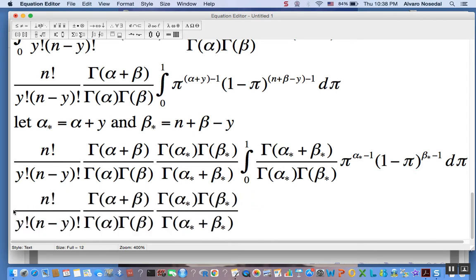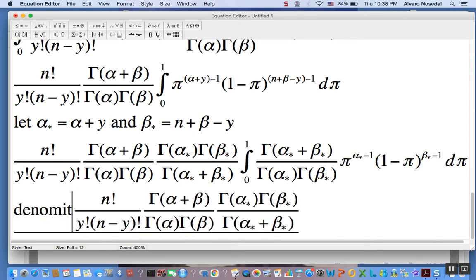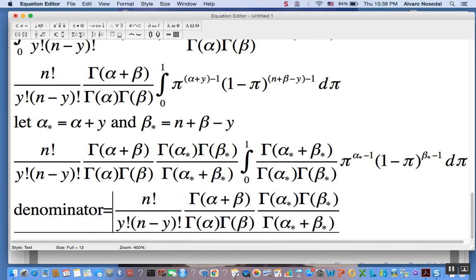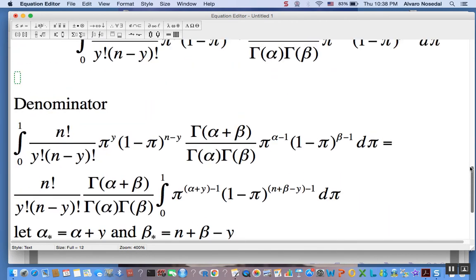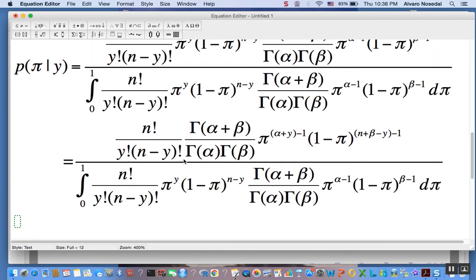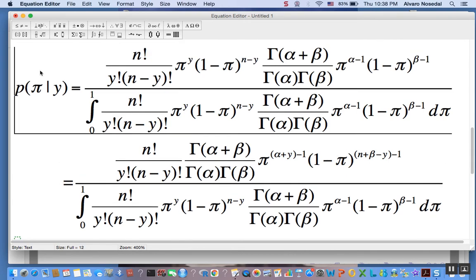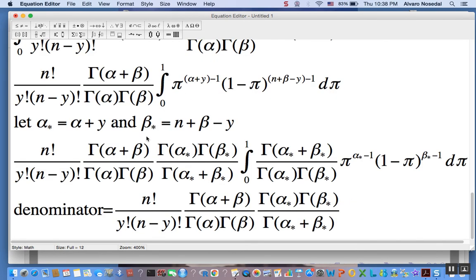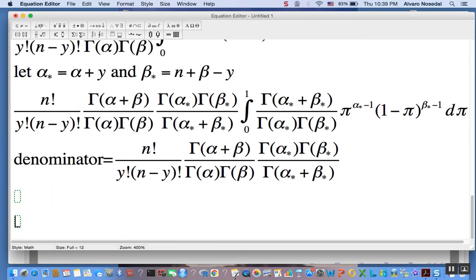After we did the math, that's our denominator, right? So let me go back to what we had here, to the expression for our posterior. This guy is our posterior. Back to our posterior distribution.